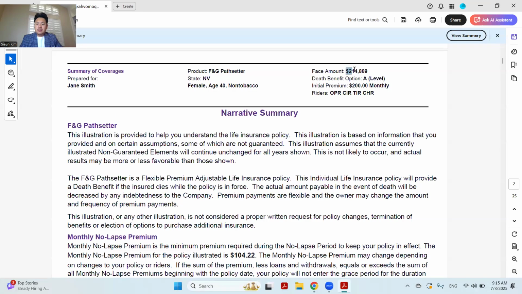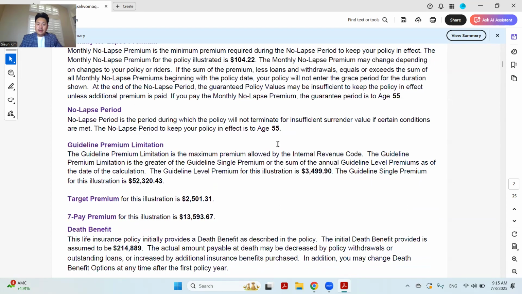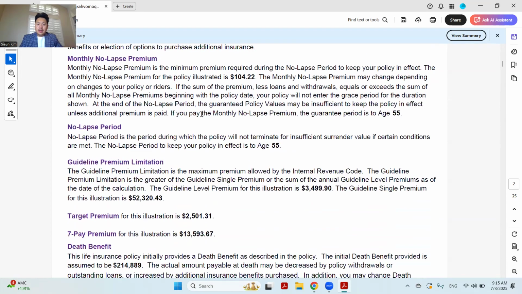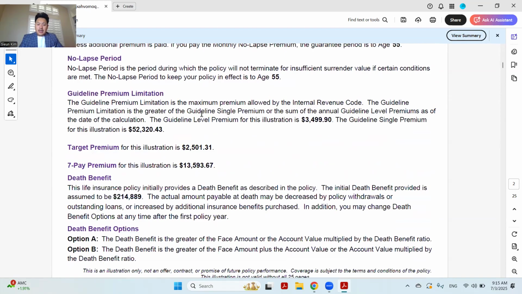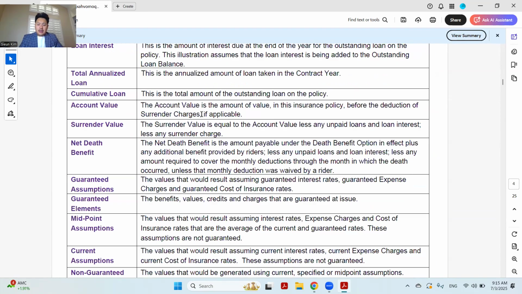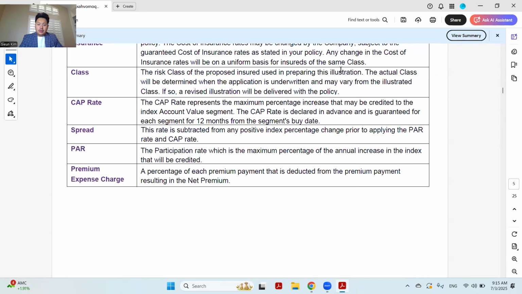What does it say in face amount? $214,889. We didn't choose that. We chose the premium, right? $200 a month. And this is the face amount that the client gets. So you want to scroll down a little bit. Let's go to the important pages.